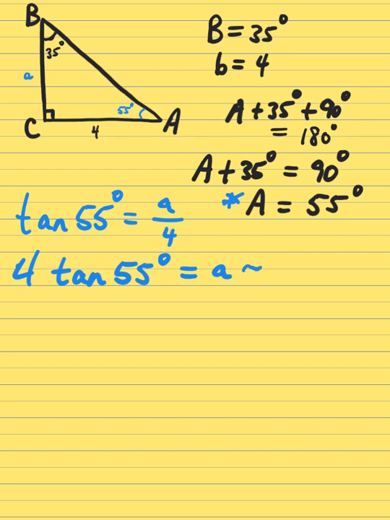Now let's be sure that your calculator is in degree mode, because 55 degrees is of course degrees instead of radians. So I'm going to go to mode, make sure that instead of radian I'm in degree mode, and I am. I'm going to go 4 tan 55, and to 2 decimal places I get 5.71.